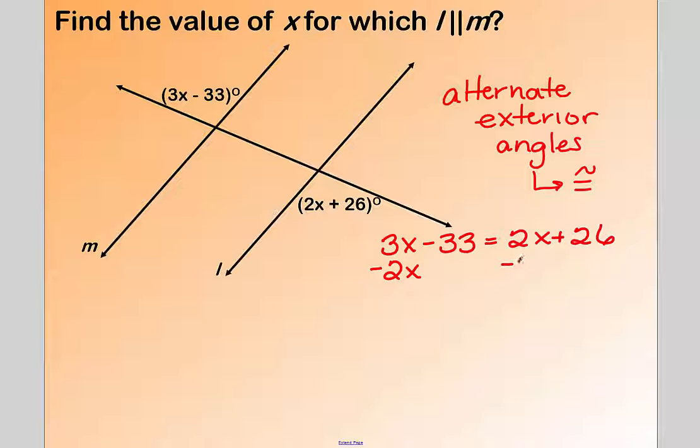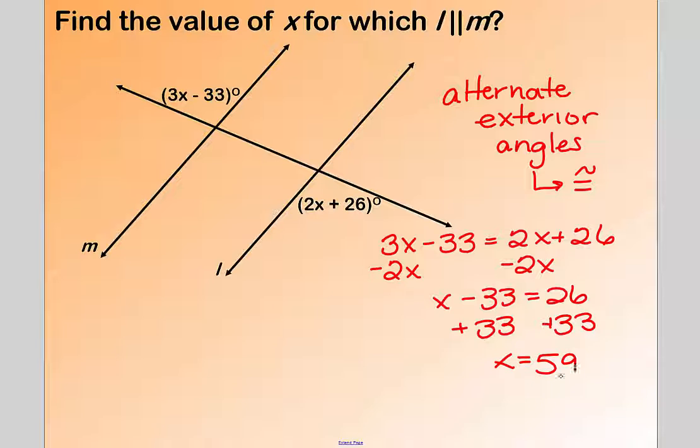I'll solve this equation. And I've found the value of x that would prove these lines are parallel.